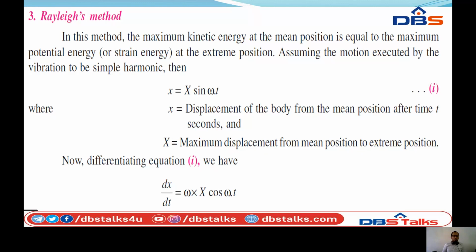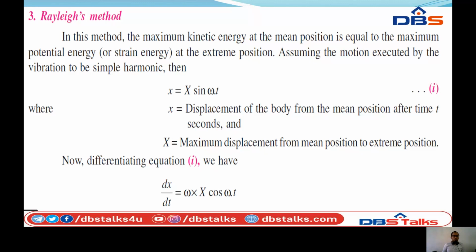When the velocity is maximum, cos omega t is 1, since cos 0 is 1.